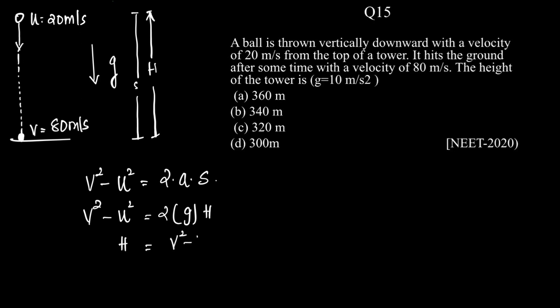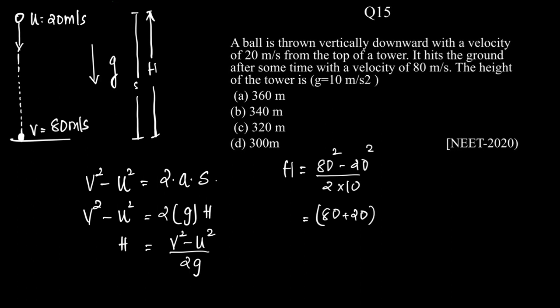So h is equal to v square minus u square by 2g. So h is equal to 80 square minus 20 square by 2 into g, which is given to be taken as 10. So 80 square minus 20 square is 80 plus 20 into 80 minus 20. What I have done is I have taken a square minus b square as a plus b into a minus b, the whole upon 2 into 10.